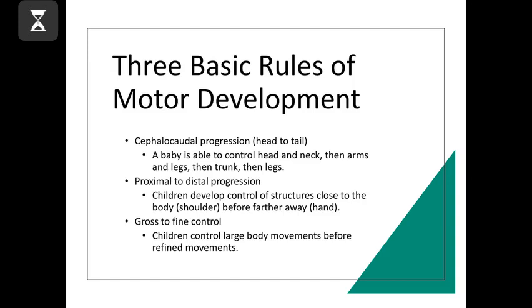That means they're using the larger arm muscles to catch an 8-inch ball. And when they catch the tennis ball, which is smaller, they're using wrist and hand muscles. So larger to smaller movements.